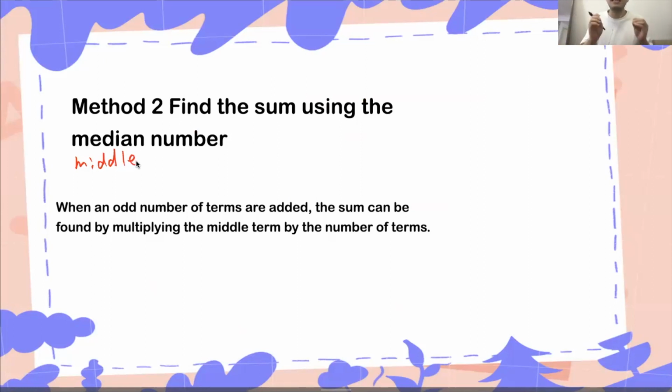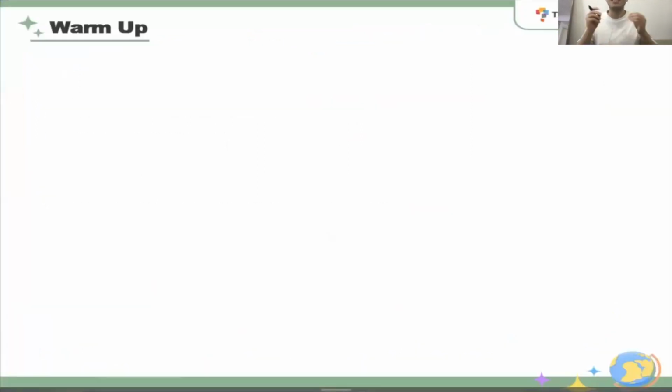And what is this method? When an odd number of terms are added, the sum can be found by multiplying the middle term by the number of terms. Okay, and I will use the next page to tell you about this method.